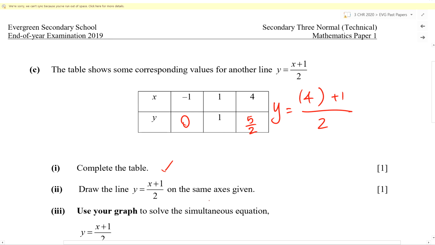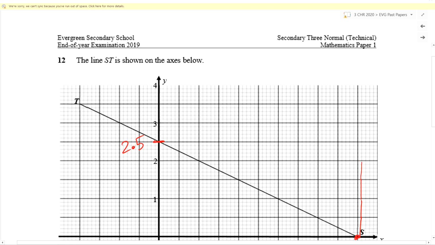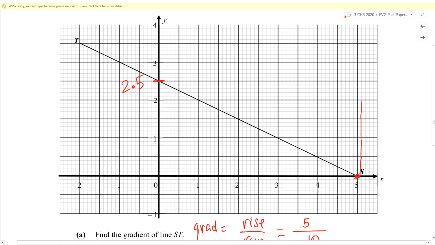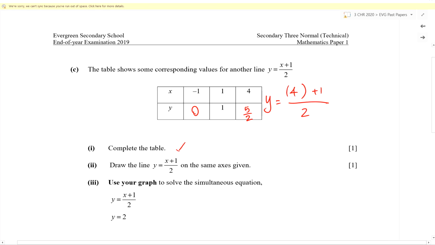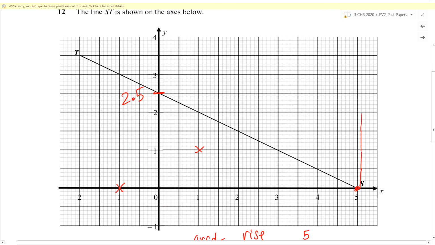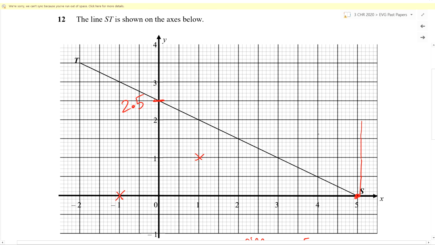Draw on the axis. Negative 1, 0, and 1, 1. I need another point: 4, 2.5. So these are my 3 points. You have to have them, then you can draw your straight line.